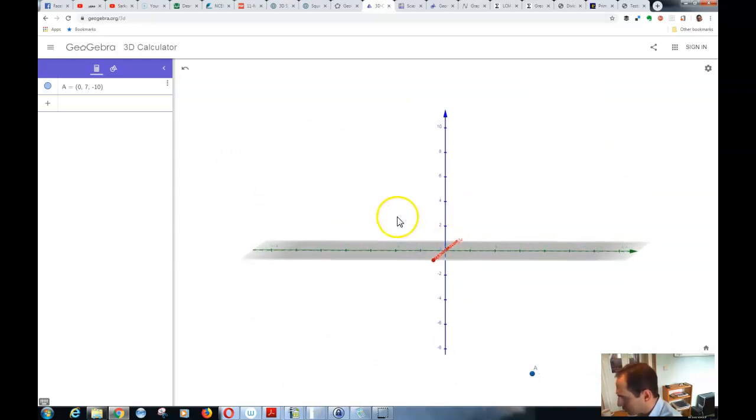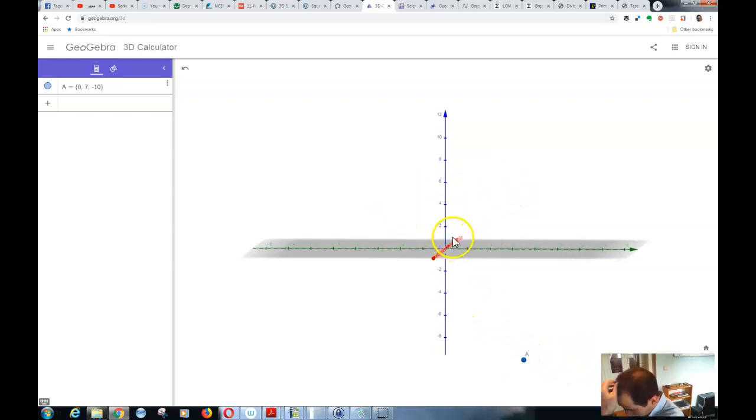We have to zoom out to see the point. Now you can change these scales over here, I suppose, so that you don't have to zoom out so much. I think you can go over here and do show axis, show plane. Oh yeah, you can show the plane as well.